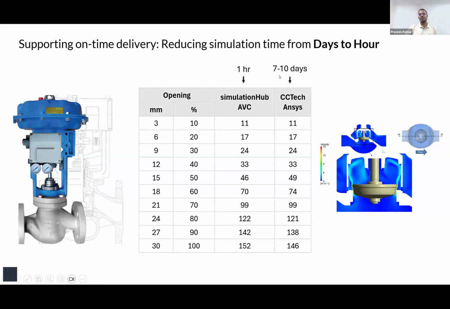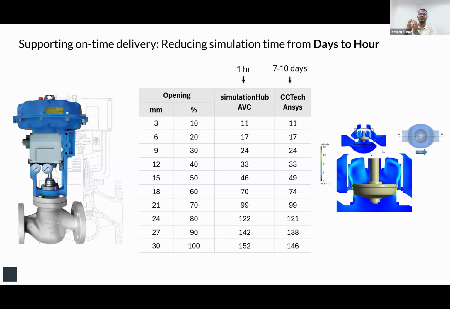Back in 2012 or so, it took us 7 to 10 days, like 1 week to 10 days, to completely come up with CV for all the openings. And now we are able to do it in 1 hour with the help of AVC. So that's how quick it is.